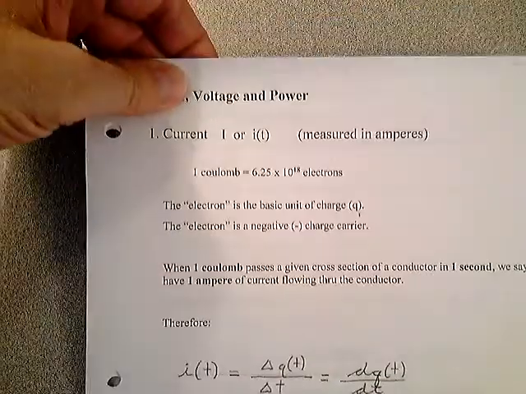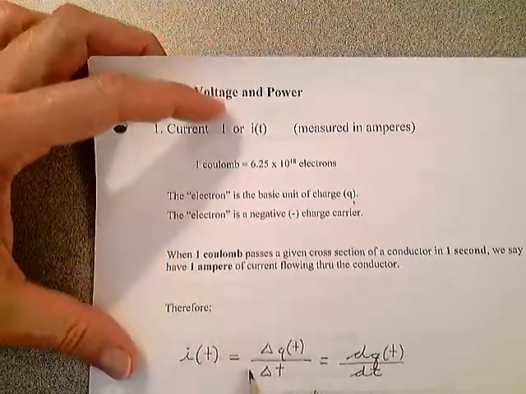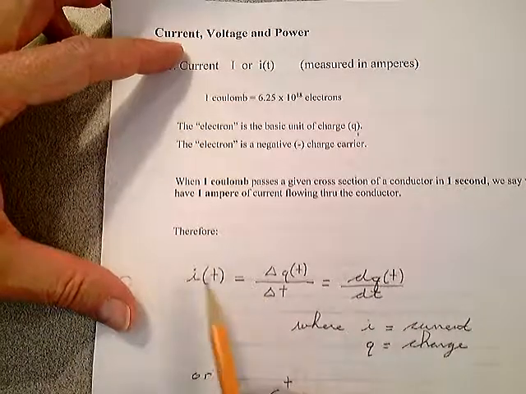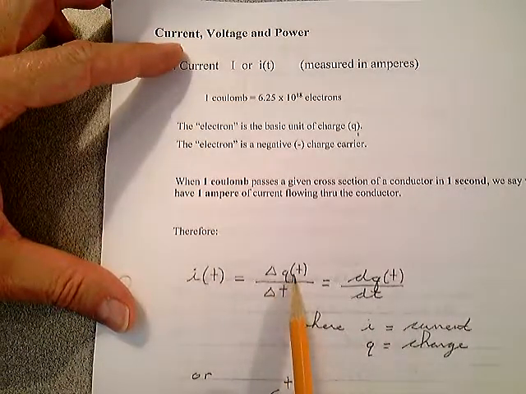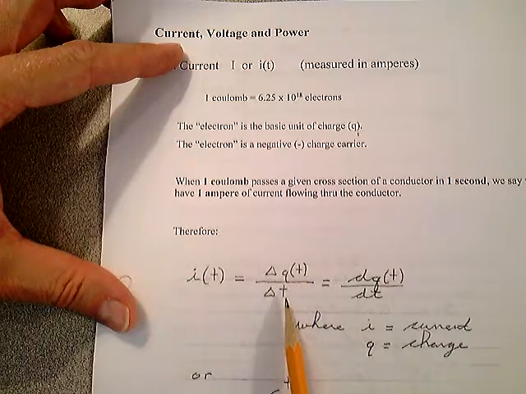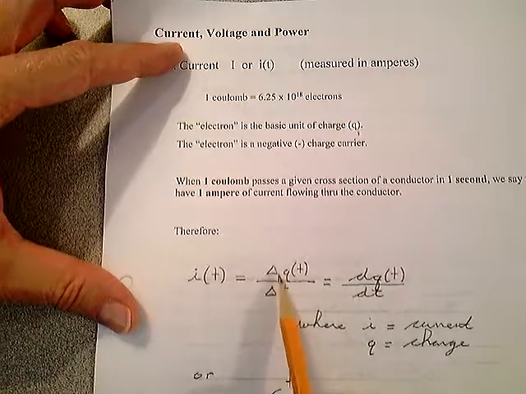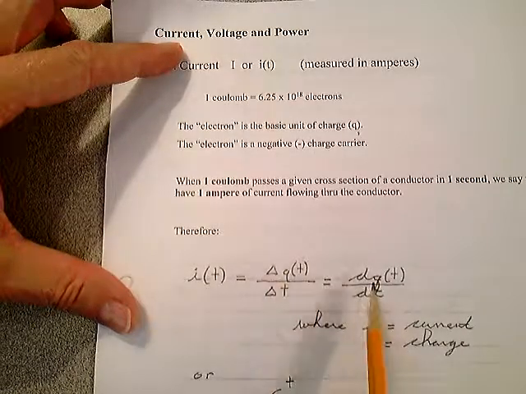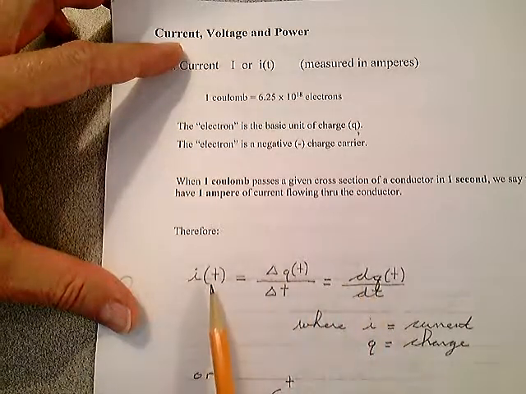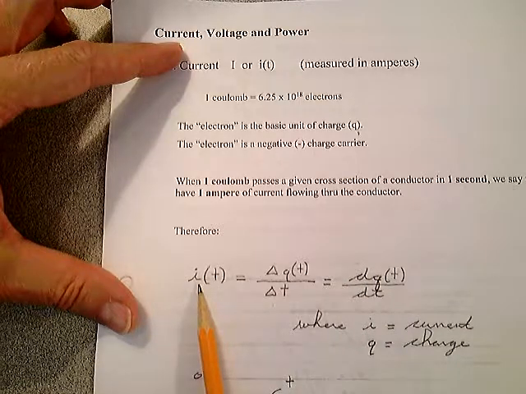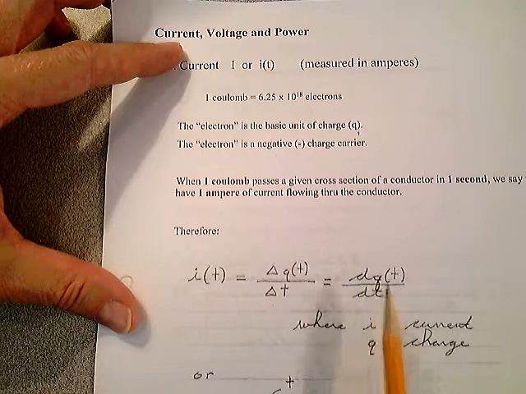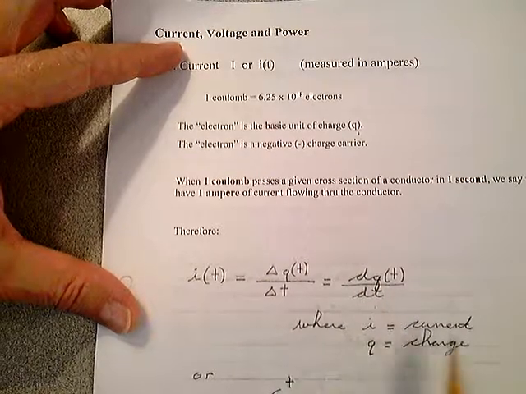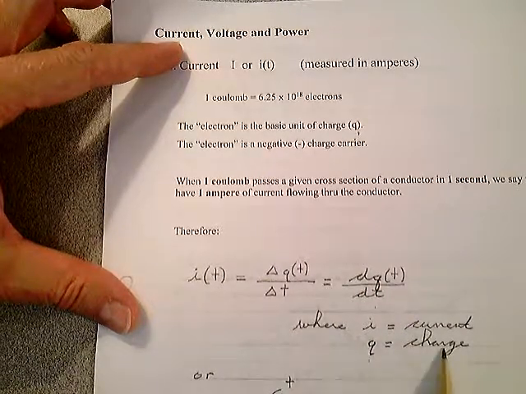Therefore, we can write an equation to represent that. The time-sensitive current, i(t), is equal to the change in charge with respect to the change in time. And if we take this delta t infinitesimally small, we end up with another equation that says the time-sensitive current is equal to the derivative of the charge with respect to time, where i is the current and q is the charge.